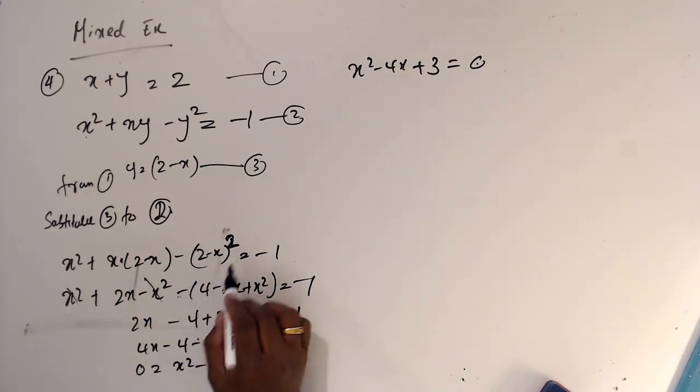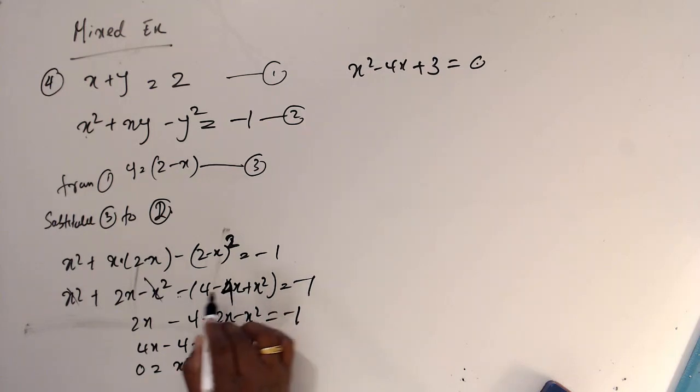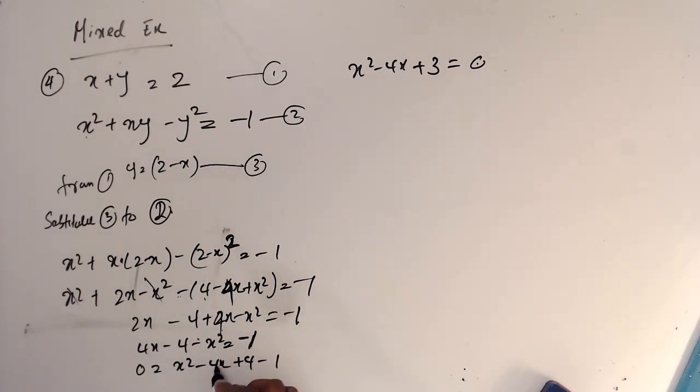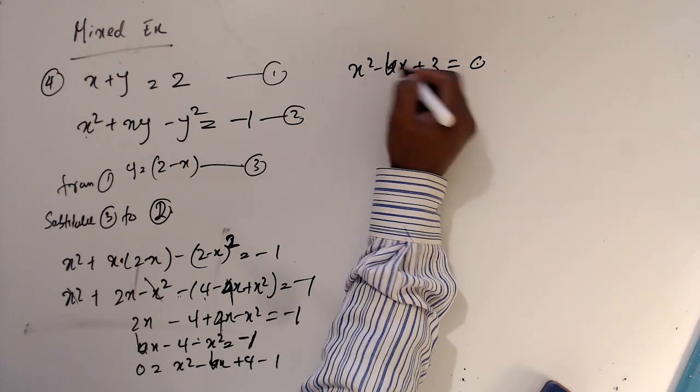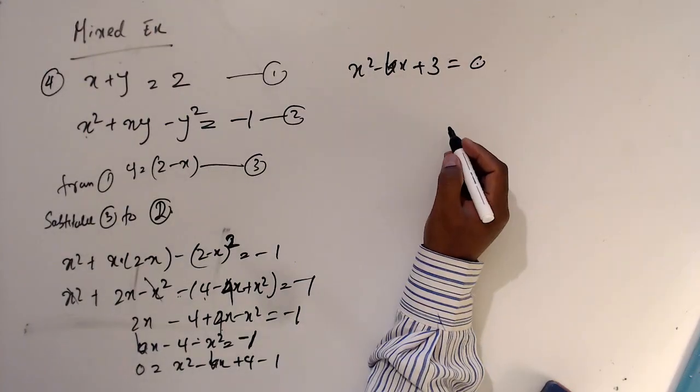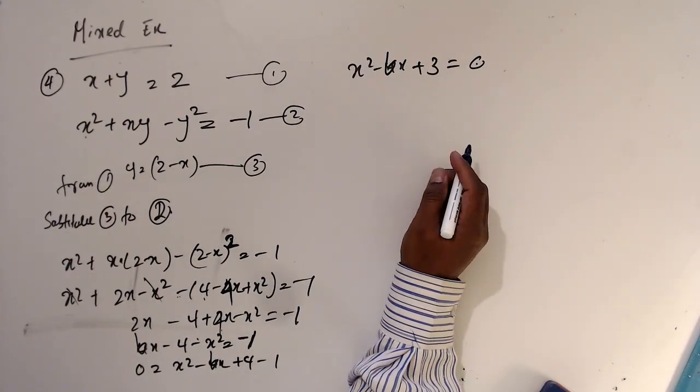I can see that this is going to be 4 times 4, then this has become 4, and this has become 4 plus 2, 6. So x square minus 6x plus 3 equals 0.